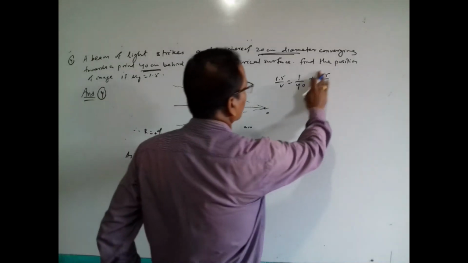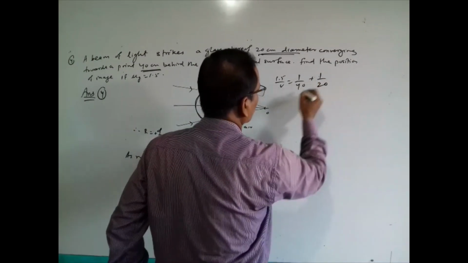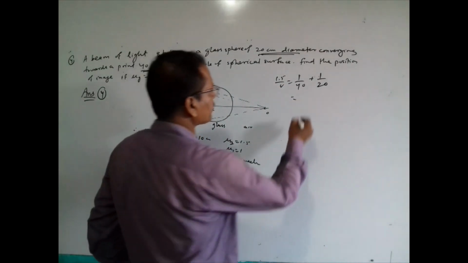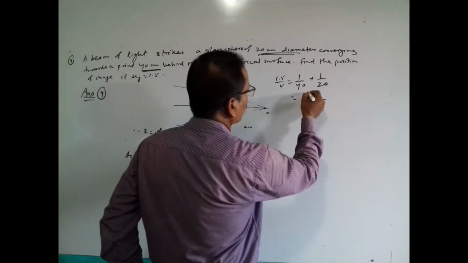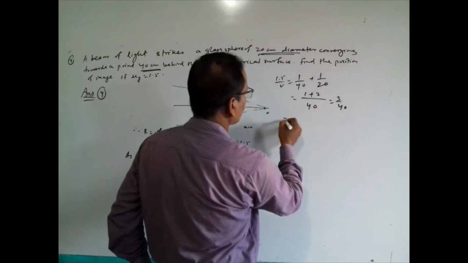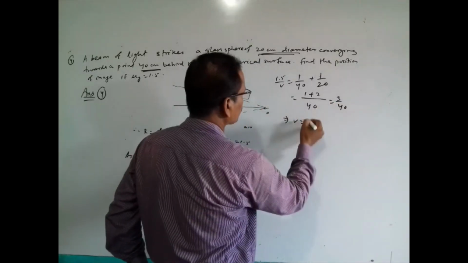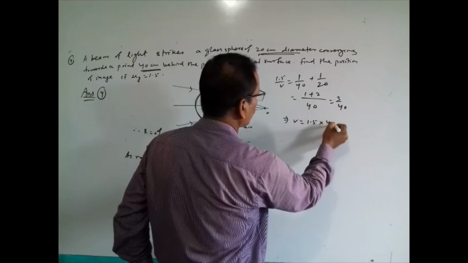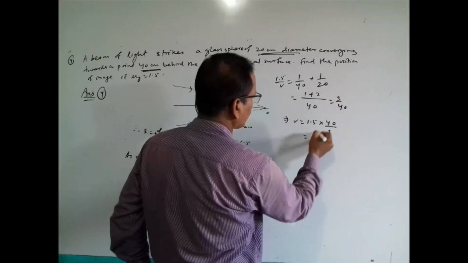So 1 by 40 plus 1 by 20. Take the LCM 40: 1 plus 2, that is 3 by 40. So v is equal to 1.5 into 40 by 3.